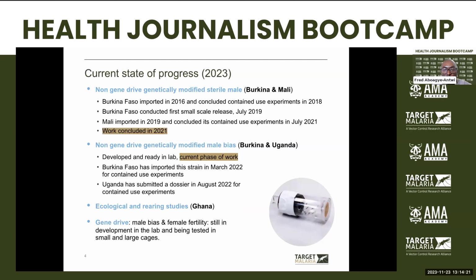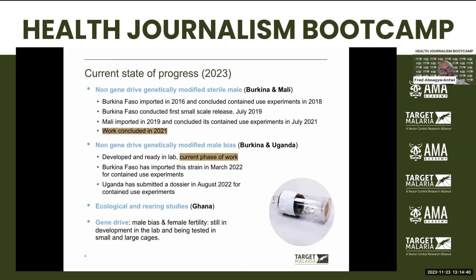As at August 2022, Uganda has submitted a dossier for contained use experiment using these non-gene drive genetically modified male bias mosquitoes.